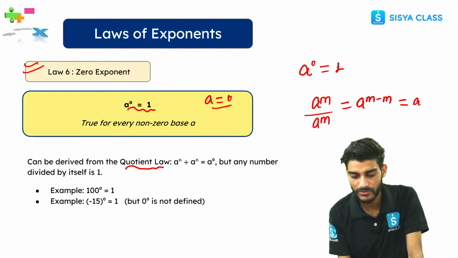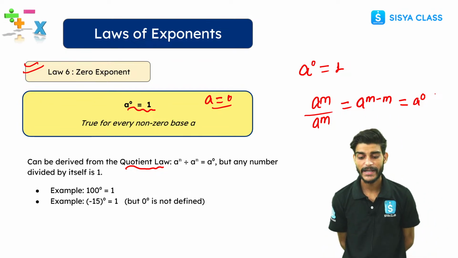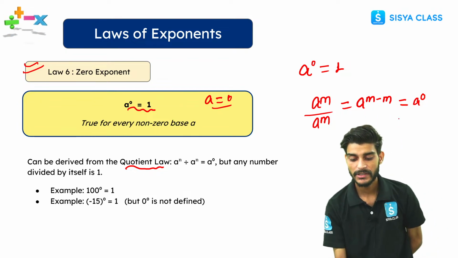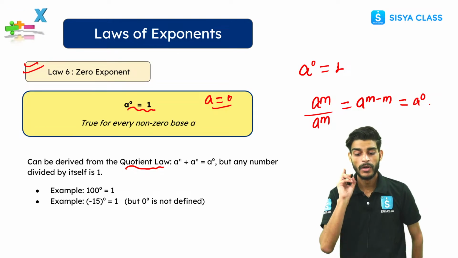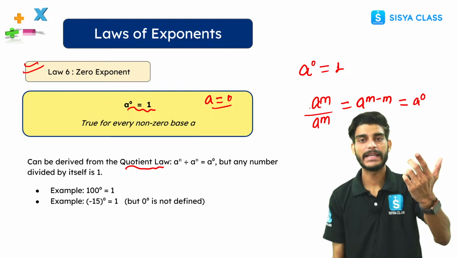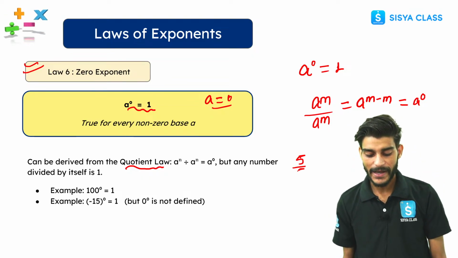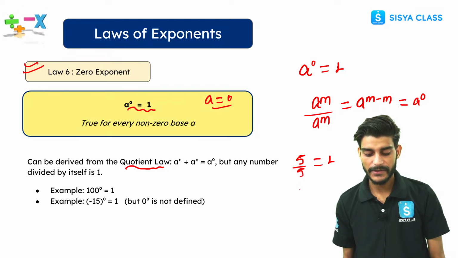That is A raised to the power 0. But why does A raised to the power 0 equal 1? Should I write it here? No. Why will I write it? Because if you divide any number with the same number, the quotient will always be 1. If you divide 5 with 5, the value will be 1. If you divide 10 with 10, the value will be 1.